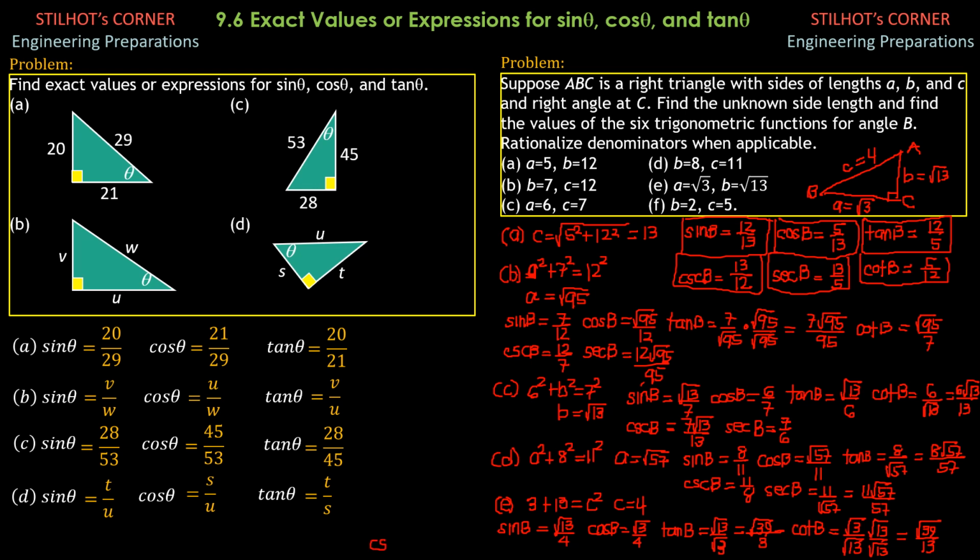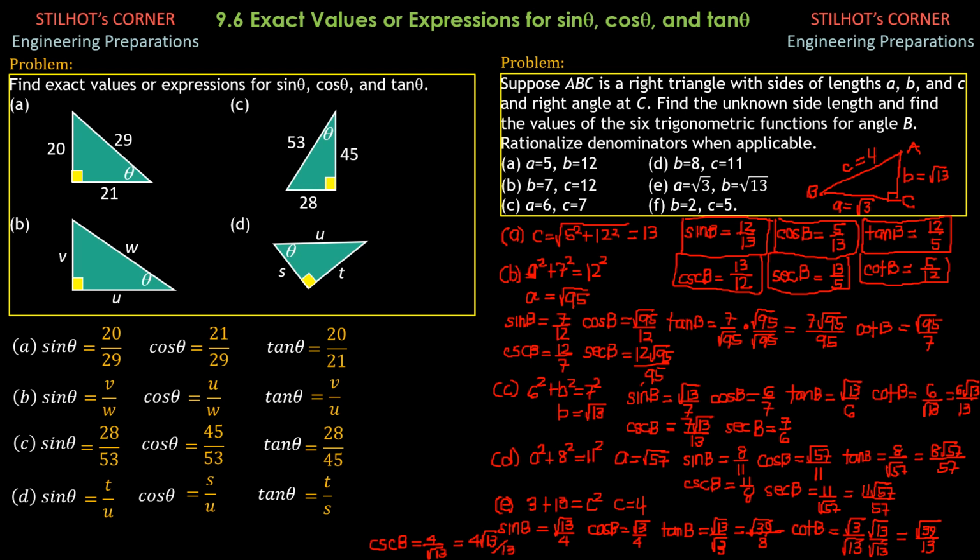Reciprocal of sine is cosecant of B. So 4 over square root of 13. After we multiply square root of 13 over square root of 13, it is 4 square root of 13 over 13.